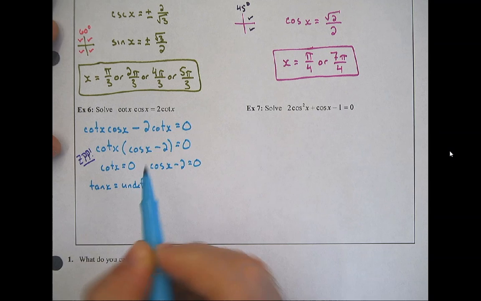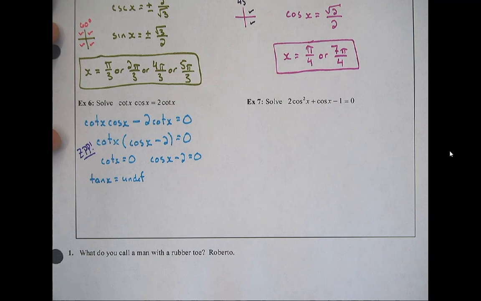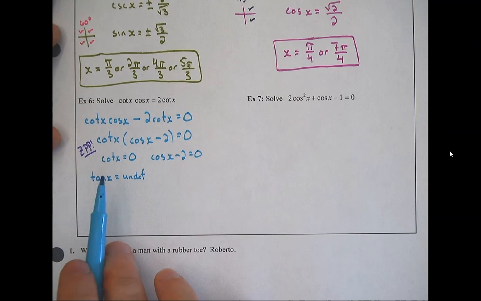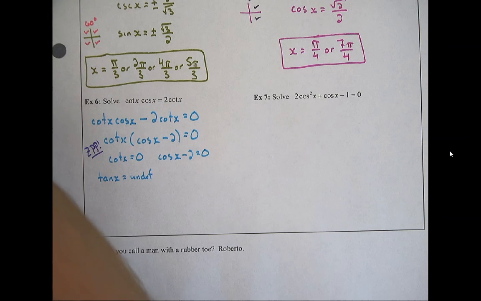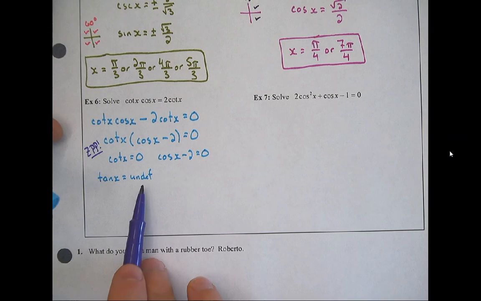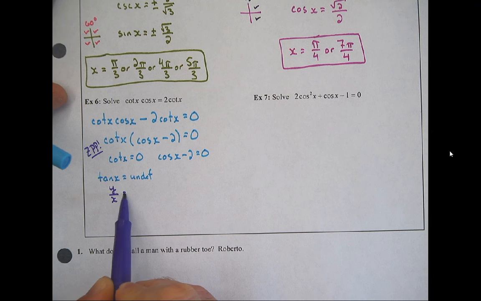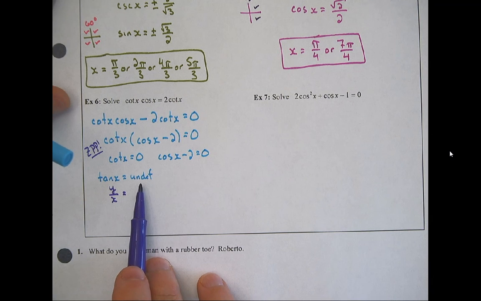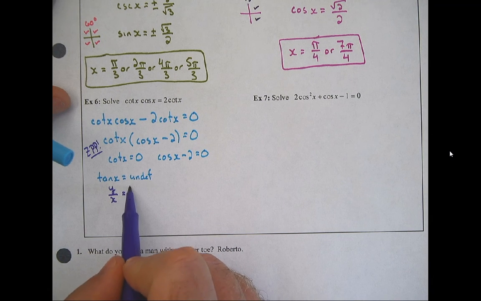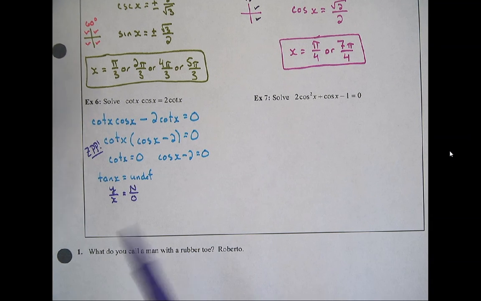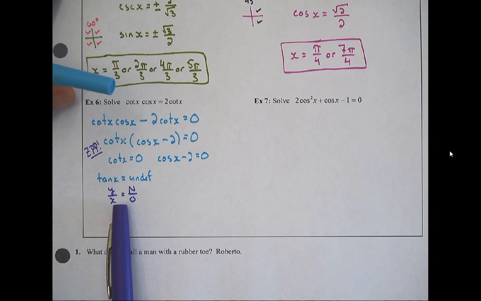Now you might say, okay, well that means that there's no solutions. No, that's not true. You want to think about this in terms of what we know about tangent and what the number undefined really looks like. So what do you know about tangent? Well, we know it's sine over cosine. We also know that it's y over x. What do you know about undefined? Undefined is no good. So really what we're trying to do is we're trying to say, where are the places?